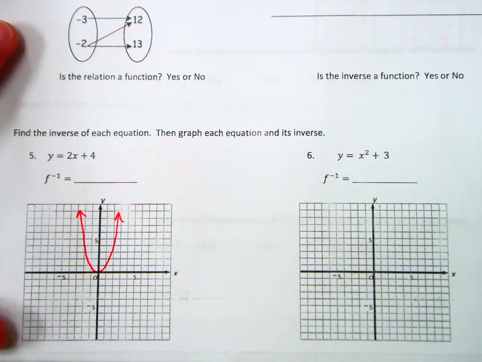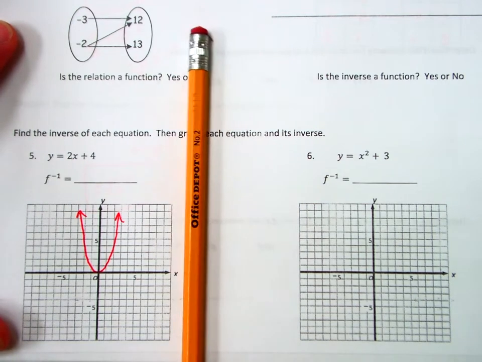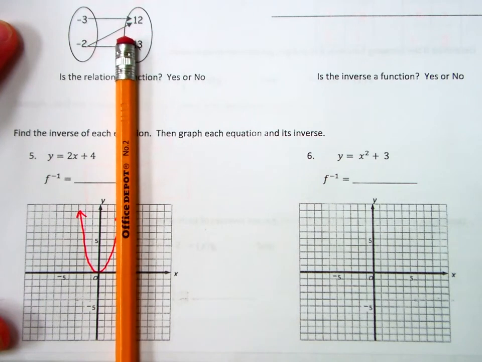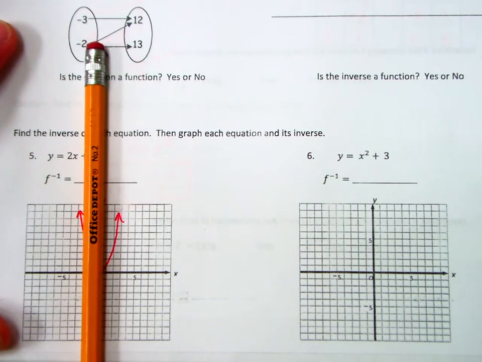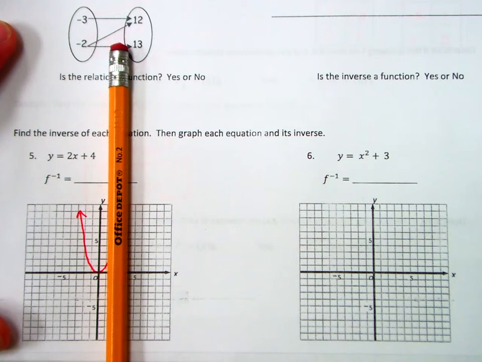I'll just do it with a pencil. If this pencil touches this function in more than one place at any one given point, then it's not a function. Alright, so this is a function because the concept is every single input, every single x value has one specific output.